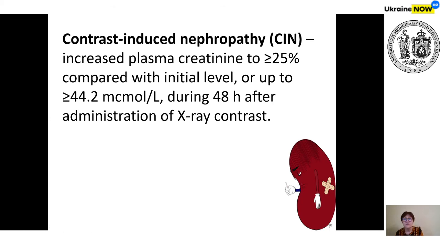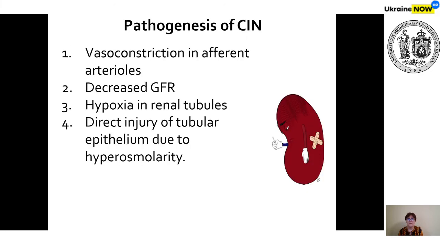A main cause of kidney injury is the use of X-ray contrasts. So the big problem today in endovascular surgery is contrast-induced nephropathy. We can diagnose such a situation on the basis of plasma creatinine increased by 25% compared to its initial level, or by up to 44 micromole per liter, during 48 hours after administration of X-ray contrast.